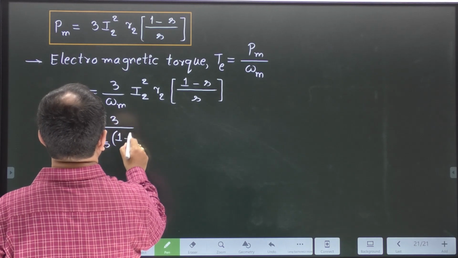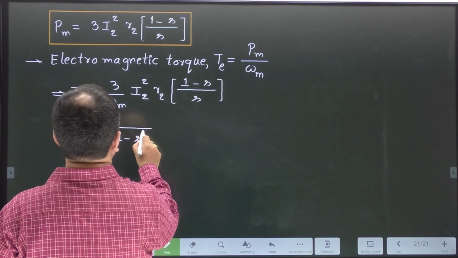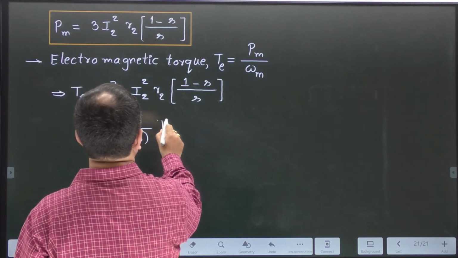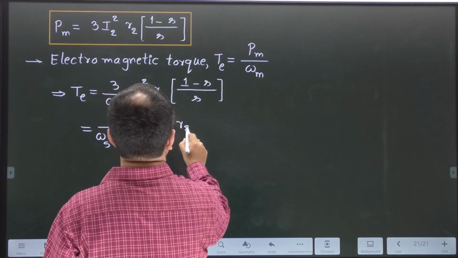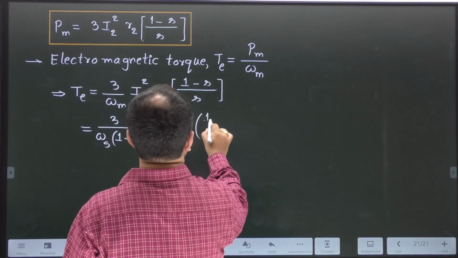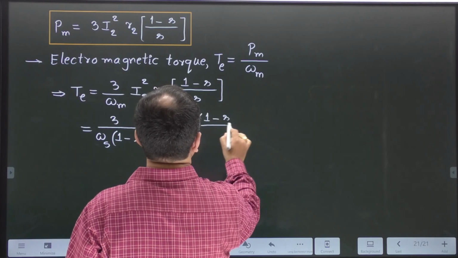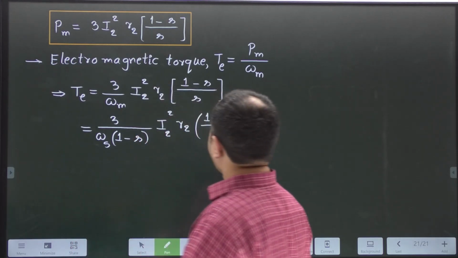Omega S multiplied with 1 minus s into I2 square into R2 into 1 minus s divided by s.